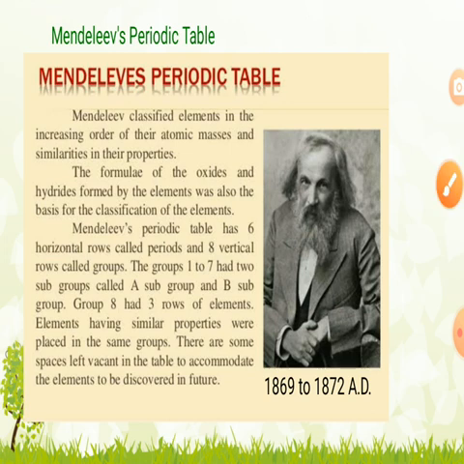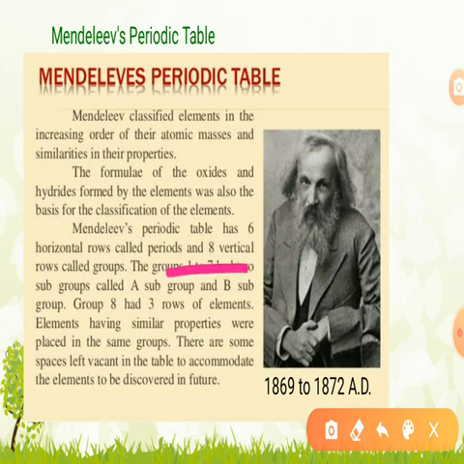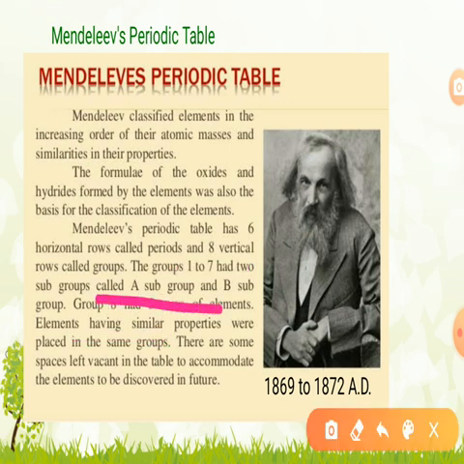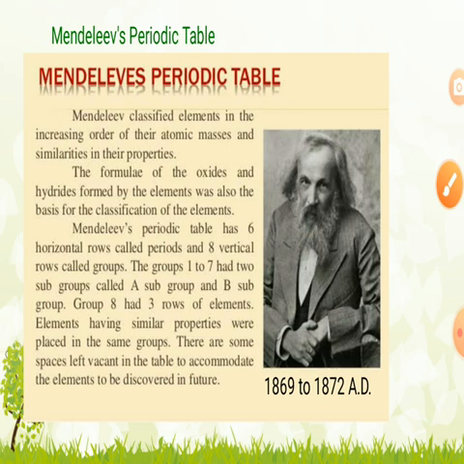So here you can see he has arranged the elements in rows and groups from 1 to 7, and in group 8 there are 3 rows, and there are even subgroups which are A and B. Just we will look at it.